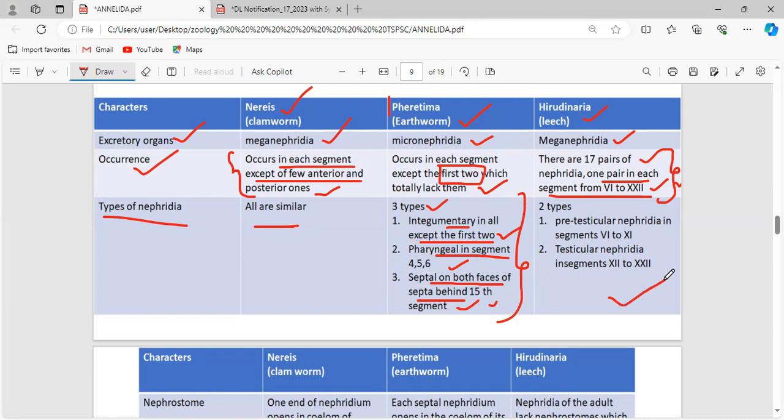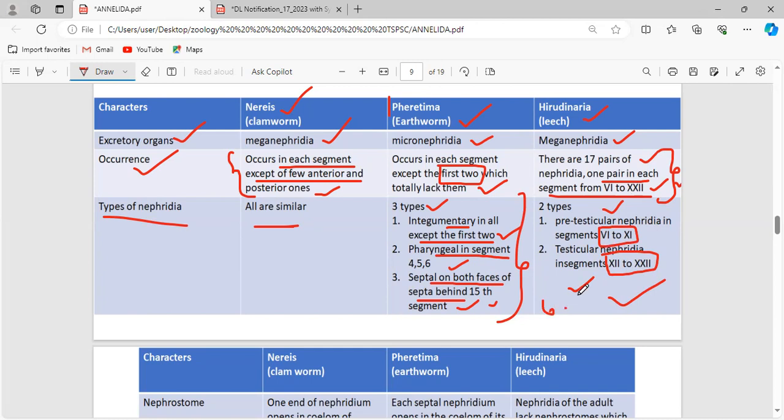There are two different types of nephridia in Hirudinaria. Pre-testicular nephridia are from the 6th to the 11th segment, and testicular nephridia are in segments from the 12th to the 22nd. Clear?